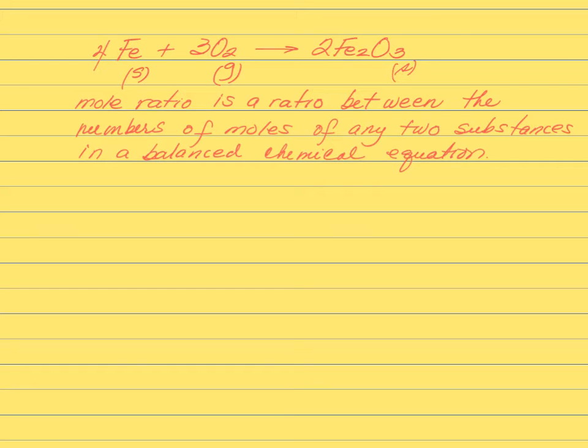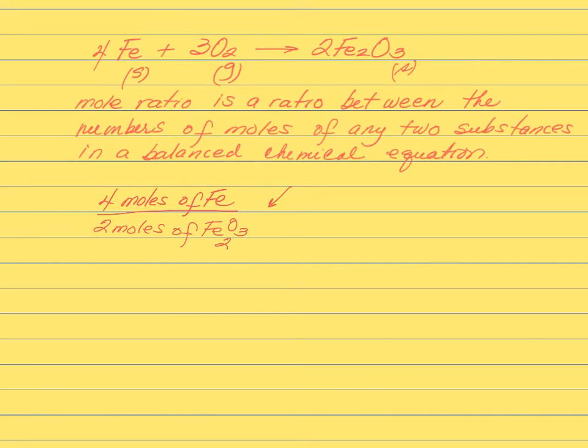I was explaining that to you. For 4 moles of iron, how many moles of iron trioxide can be produced? 2 moles of iron trioxide are produced.